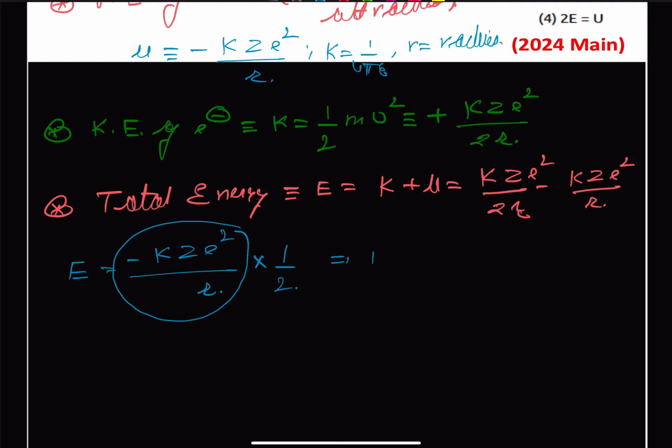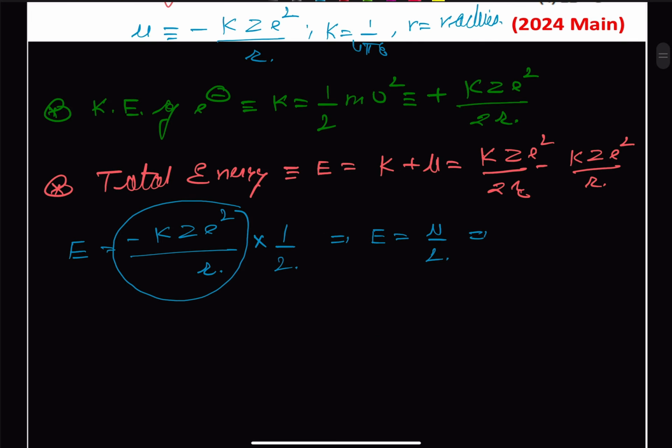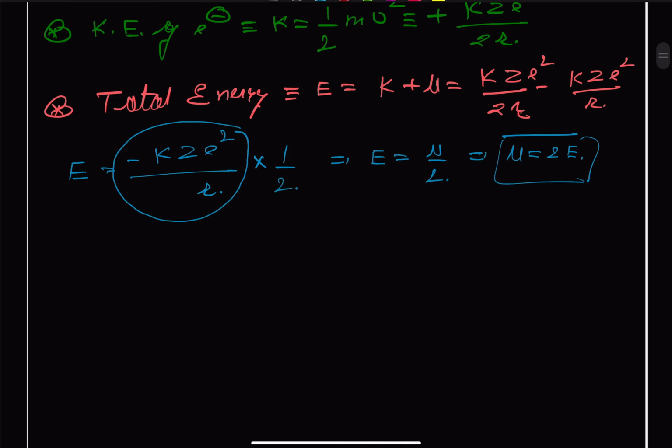Therefore we can write E is equal to U upon 2, and from here we can write U is equal to twice E. So U is equal to twice E. Option 4 is correct.